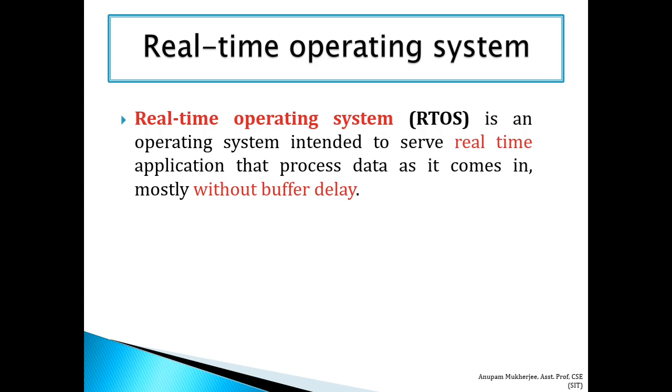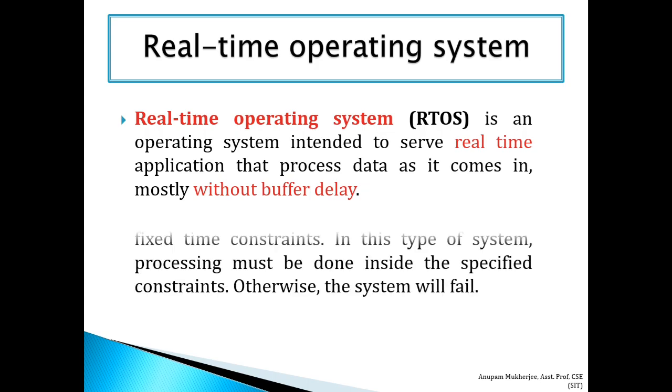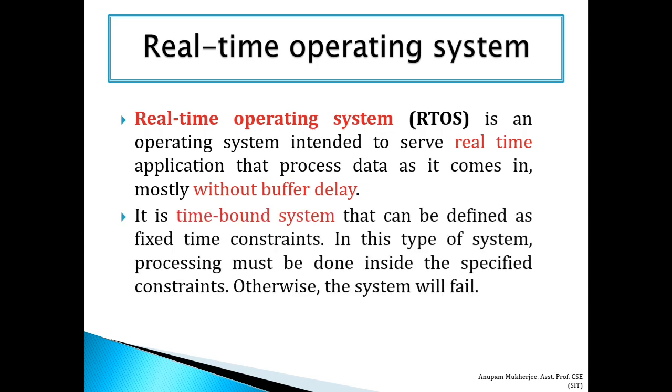RTOS is an operating system intended to serve real-time applications that process data as it comes in, mostly without buffer delay. It is a time-bound system defined with fixed time constraints. In this type of system, processing must be done within the specified constraints. Otherwise, there will be a system failure.